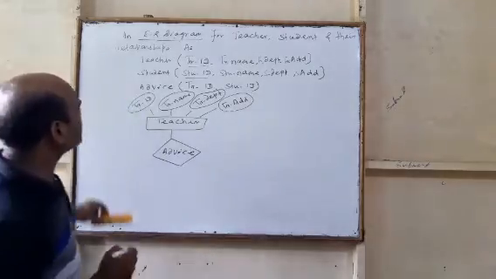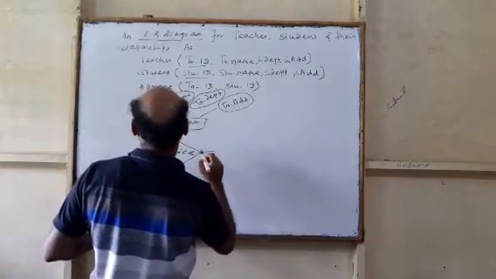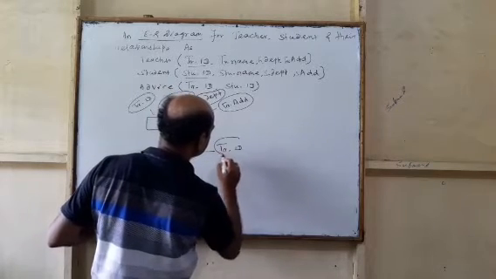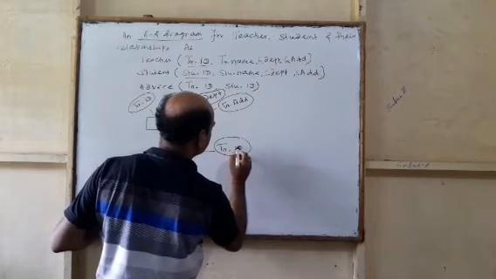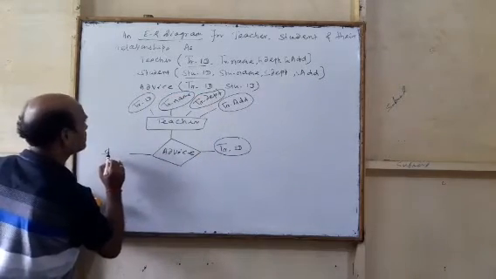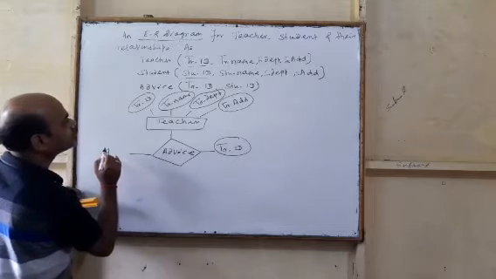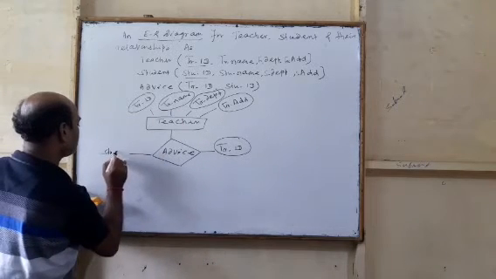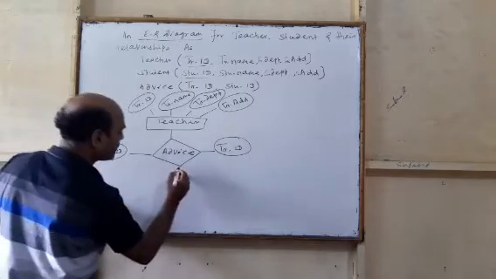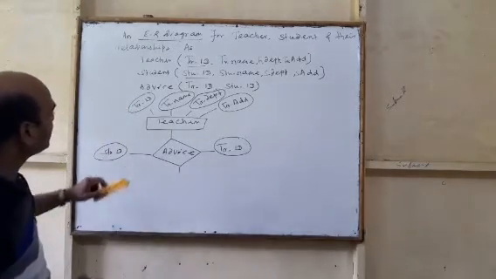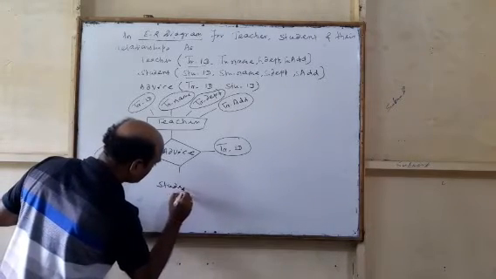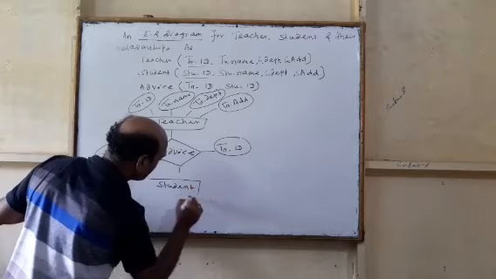So this advice relation has two attributes, teacher ID and student ID. It is related with the student, which is another entity.